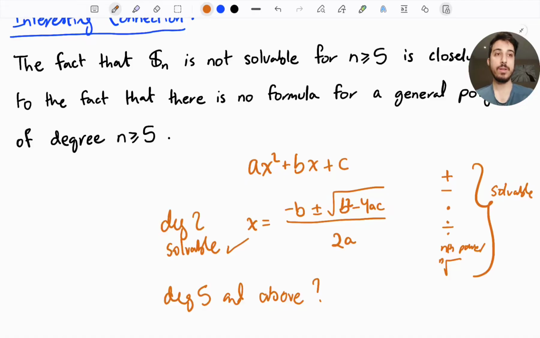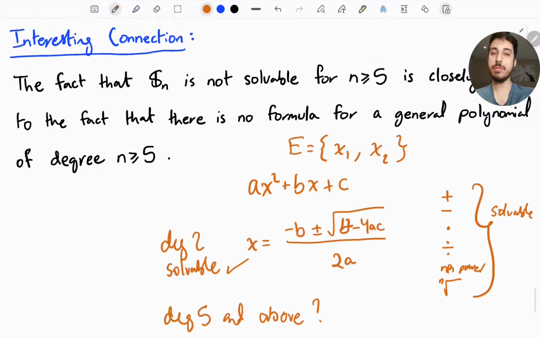How is that? Well, if we have a polynomial with roots, let's say the roots are x1 and x2, then these form a set of roots. And this set, named E, we could perform permutations on. In this case, we could perform the permutation that does nothing: x1 is sent to x1, x2 is sent to x2.